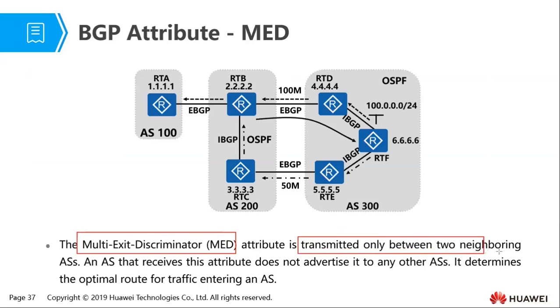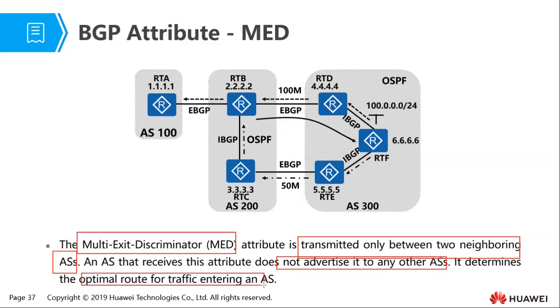It is transmitted only between two neighboring autonomous systems. An autonomous system that receives this attribute does not advertise it to any other autonomous system. It determines the optimal route for traffic entering an autonomous system.